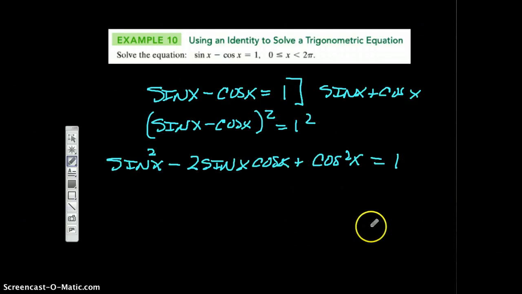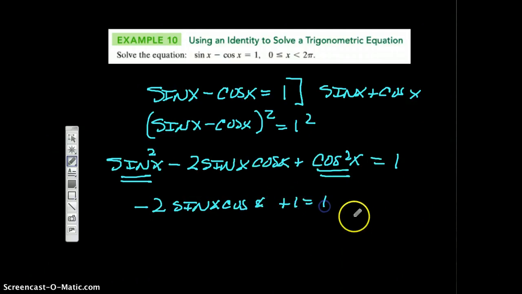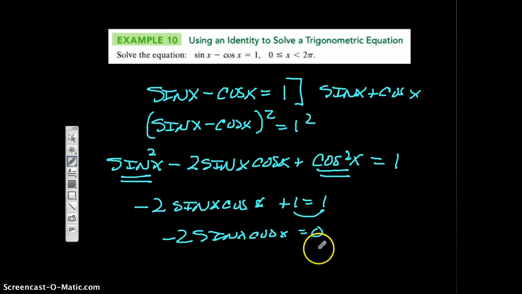Now, hey, I see something here. Sine squared and cosine squared is 1, right? So I have minus 2 sine x cosine x plus 1 equals 1. Of course, we subtract the 1s, we get 0. So minus 2 sine x cosine x is equal to 0. Divide by 2.